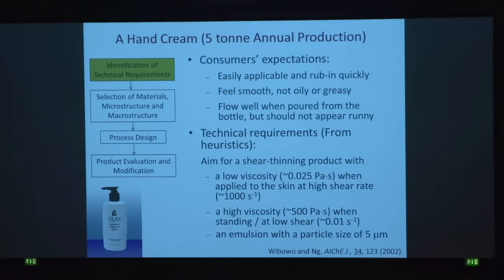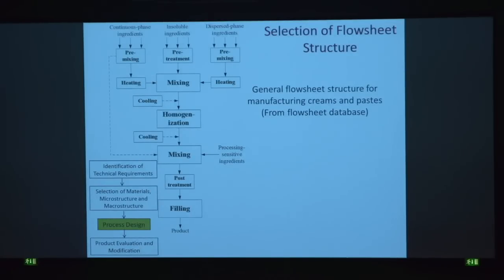Now, let's skip the selection of materials here. Let's go right to the selection of flow sheet structure. In a way, we have the superstructure from our flow sheet database. At the top, we premix the ingredients, whether it's the oil phase, insoluble, or the water phase.